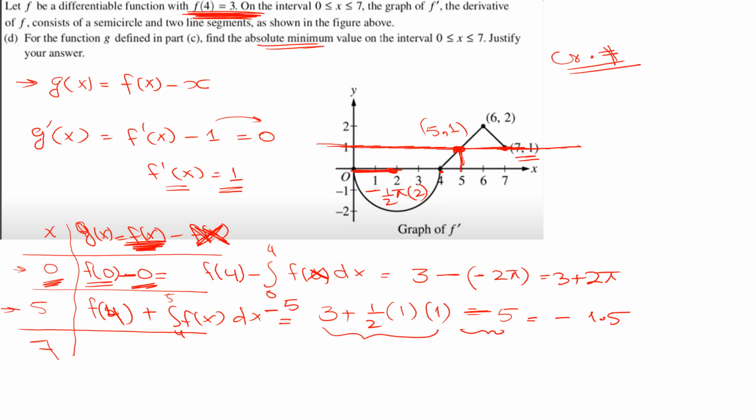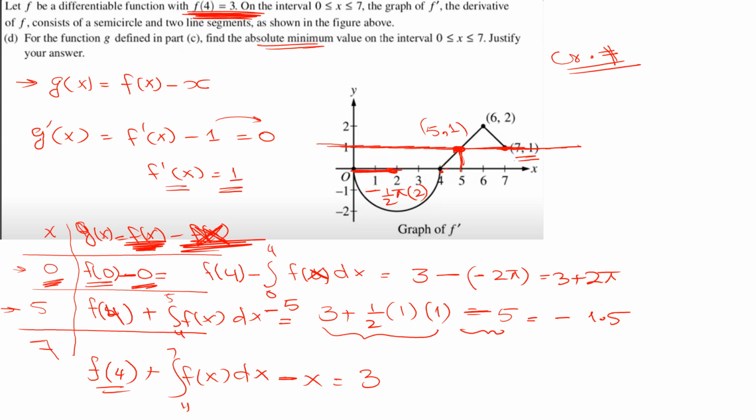Now g of 7. How to calculate it? First of all, calculate f of 4 plus the integral from 4 till 7 of f of x dx, minus x, because you are actually calculating g of x. Now f of 4 you already know is 3. Now let's see from 4 till 7.